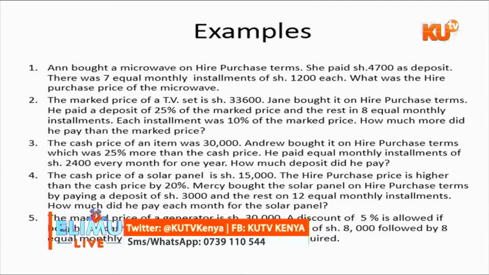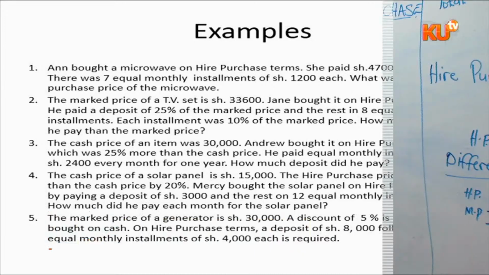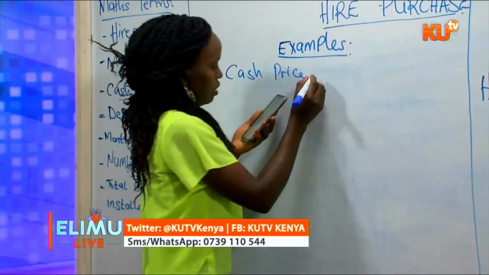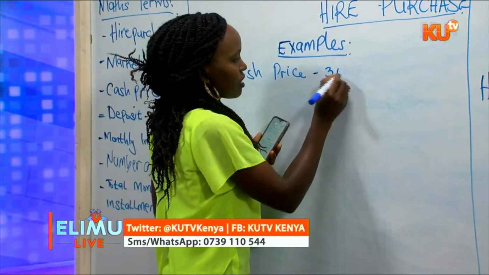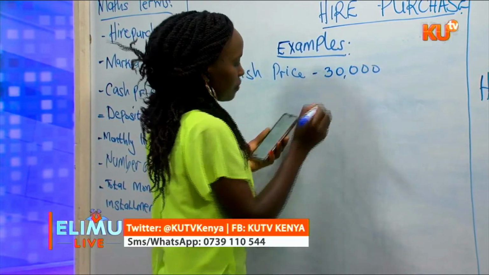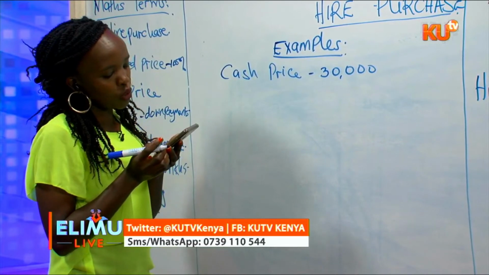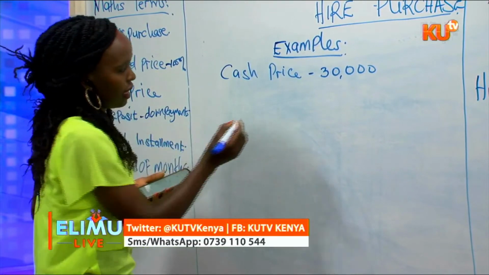Let's do this together. So here we are talking of the cash price. The cash price is 30,000. Andrew bought it on hire purchase terms, which was 25% more than the cash price.